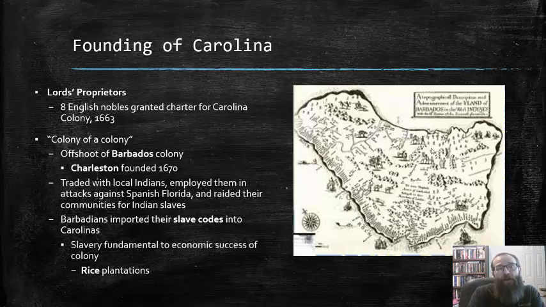The Barbadians also imported their slave codes into the Carolinas, and slavery became very quickly a fundamental institution to the economic success of the colony, particularly after rice plantations proved to be a very lucrative economic engine for the Carolina colony in those early years.